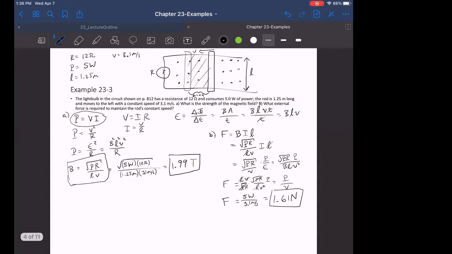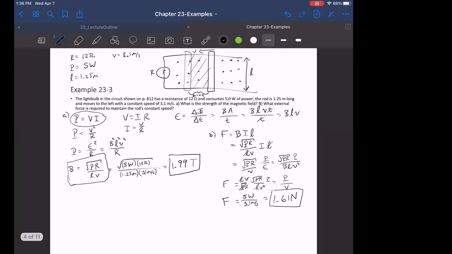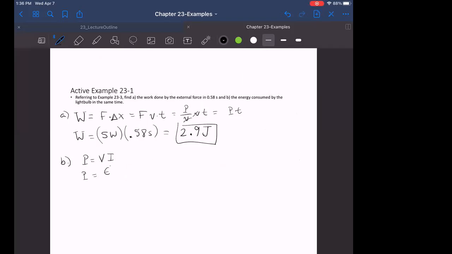Which we don't have the current, but we have V and R, right? We have the EMF and R. So this will be P equals, what was it? Epsilon squared over R. And power is work over time. So this is going to be the work is epsilon squared over R times time, right? Because this equals work over time.